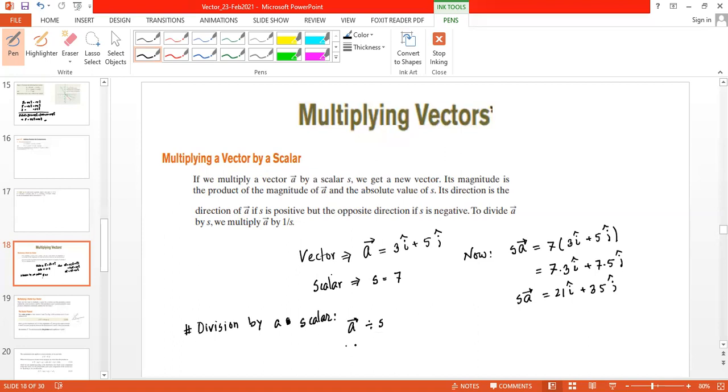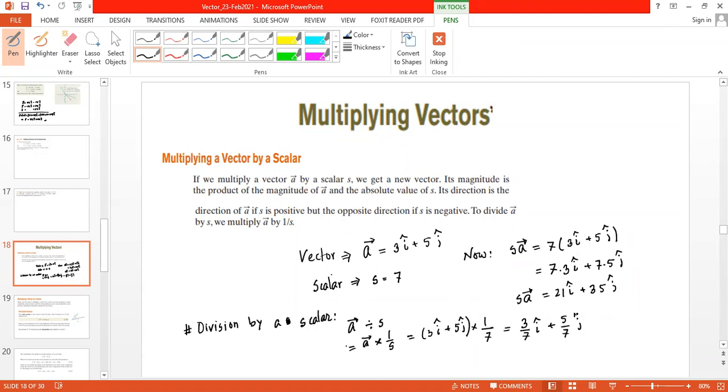This is basically equal to vector a multiplied by 1 over s. So my vector a, 3i plus 5j, is multiplied by 1 over s. 1 over s means 1 over 7, right? So this is basically 3 over 7 i plus 5 over 7 j.